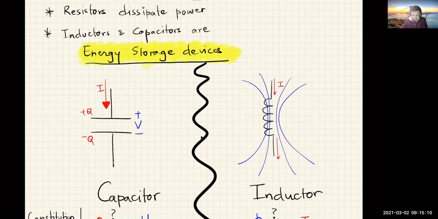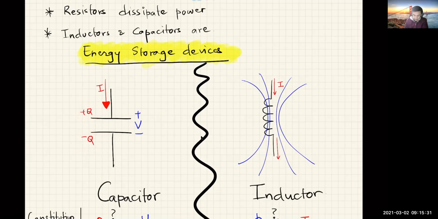But what ends up happening is you start accumulating charge on one of the plates, and on the other plate, you start repelling positive charges. And what that means is that you start accumulating negative charges, right? So you start accumulating these positive and negative charges on the two plates of the capacitor.